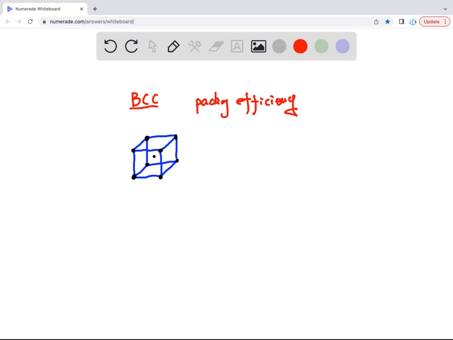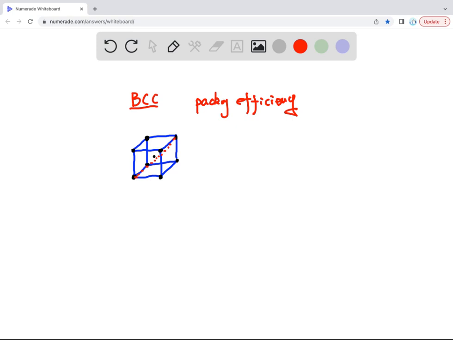Of course, each atom is spherical. So for the body-centered cubic, if you make some drawings, you will find that along the diagonal line, all the atoms touch each other, with direct contact.